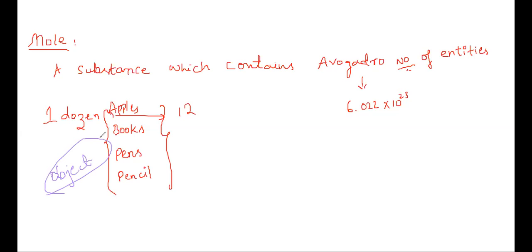Similarly, when I'm talking about a mole, the objects can be anything: an atom, a molecule, an electron, a proton, a neutron, or any type of substance.